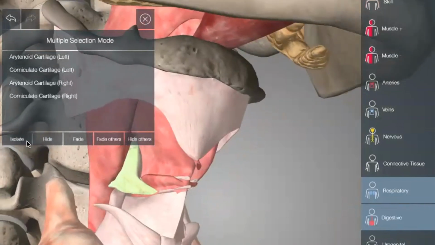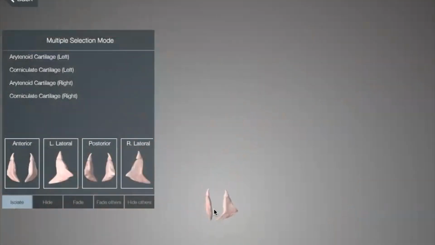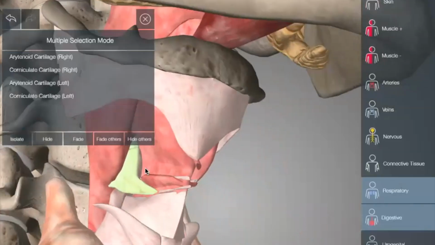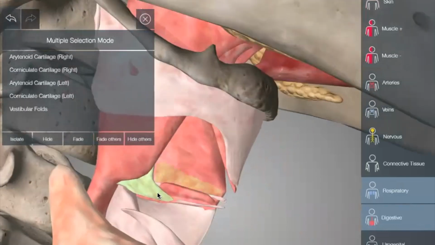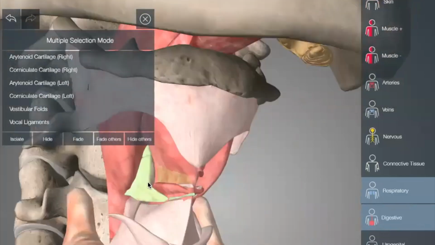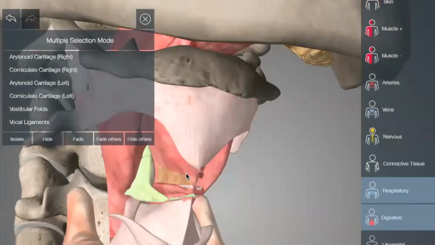These are the first two that we're gonna see for the paired, and you can see there's a close relation between the arytenoid and the muscles. The arytenoid has a very good use to pull on the vocal cords. If muscles pull on the arytenoid cartilage, they will cause the vocal cords to have tension or less tension.